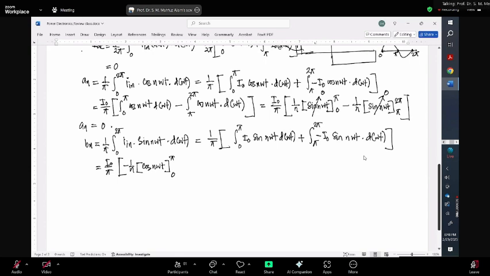And here you have minus, and integration of sine is minus cos. So minus minus, it will become plus. So again, it would be plus 1 over n cos n omega t, and it should be 2 pi to pi.